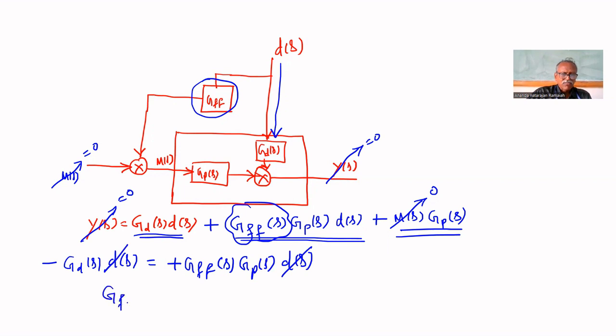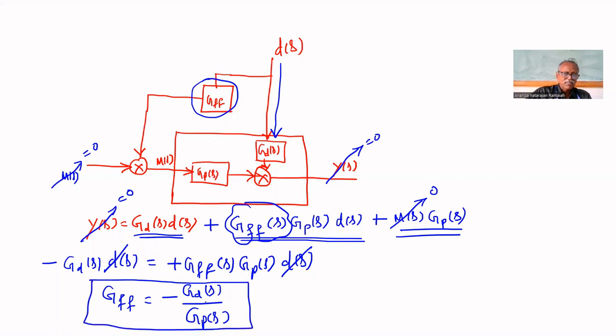Therefore, GFF equal to minus GD of S upon GP of S. Therefore, the feed-forward controller is minus of disturbance model upon input-output model. This is the feed-forward controller.